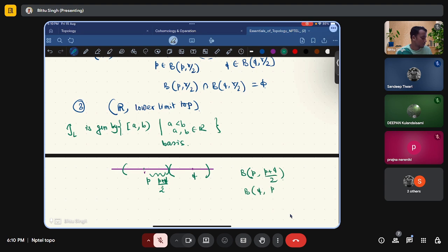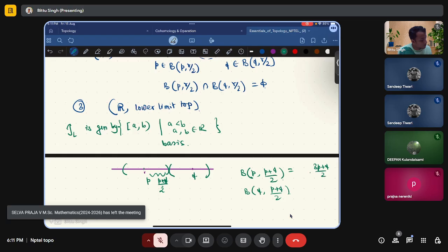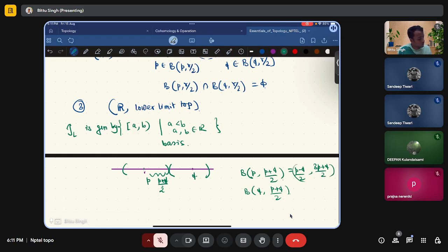You can write them in terms of open intervals, those kinds of open intervals, right?